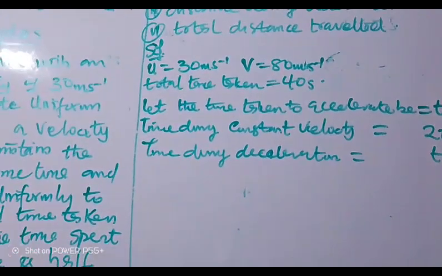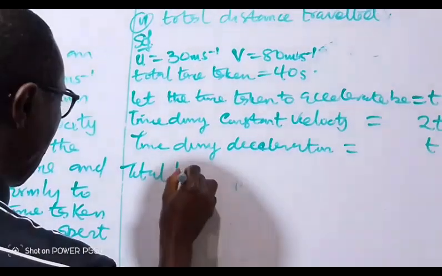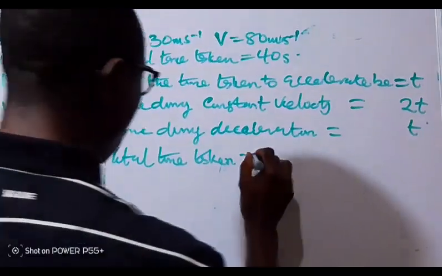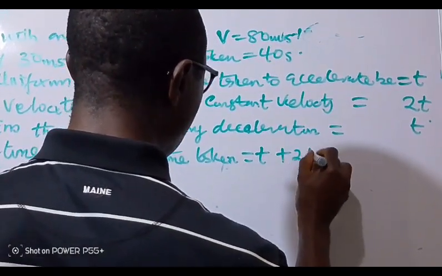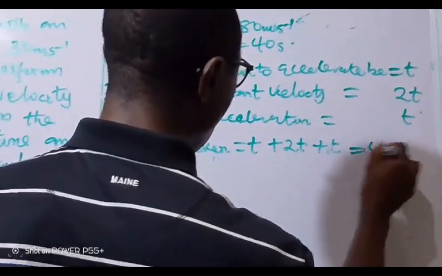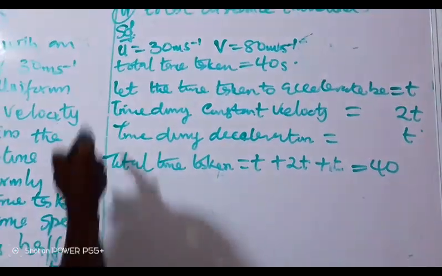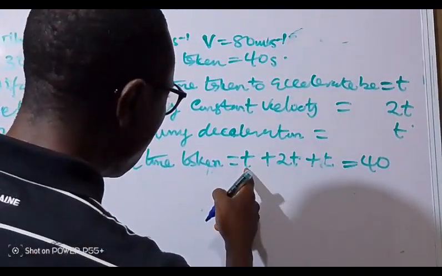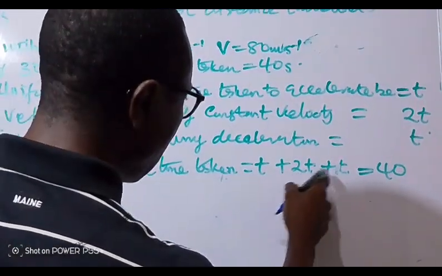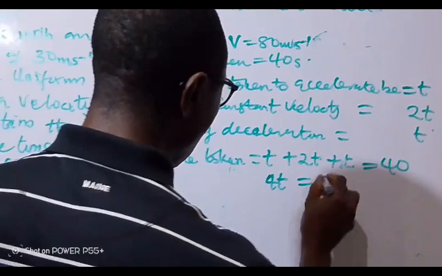Now, to calculate t, the total time taken, according to the question, will be equal to t plus 2t plus t, which is equal to 40. That's 2t plus t, 3t, plus t, that's 4t is equal to 40.